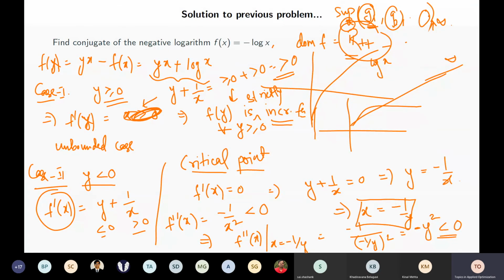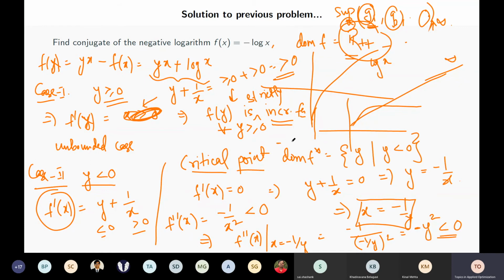Okay, and so from here we can define the domain of f star. So domain of f star is the set of all y such that y is less than 0.